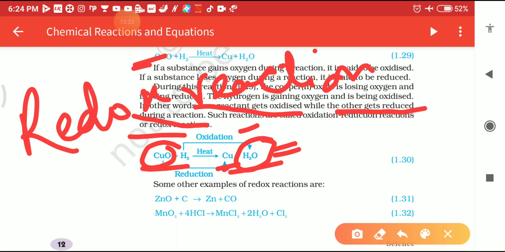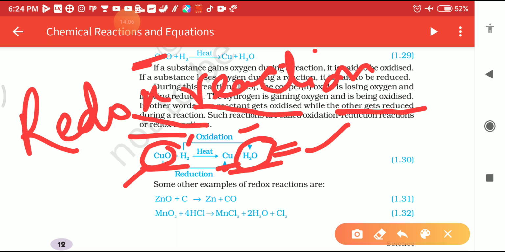Here two reactants are given, copper oxide plus hydrogen. One reactant gets oxidized while the other gets reduced. So this H2 is oxidized and copper oxide is reduced here. Students, you will see in this reaction oxidation also occurs and reduction also occurs.